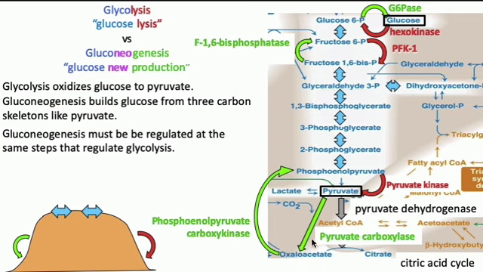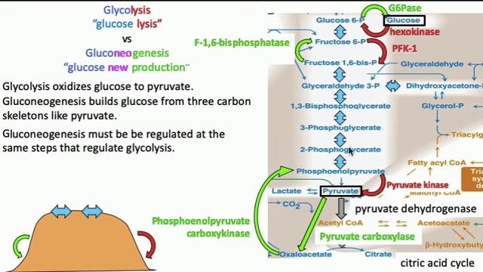The next enzyme in this pathway, phosphoenolpyruvate carboxykinase, is going to form phosphoenolpyruvate by burning the carboxylic acid off of oxaloacetate to power the phosphorylation, so that we have phosphoenolpyruvate, a 3-carbon intermediate with a phosphate group.